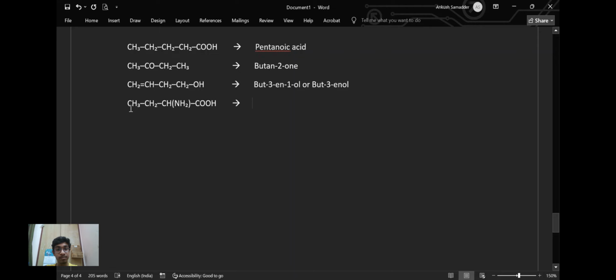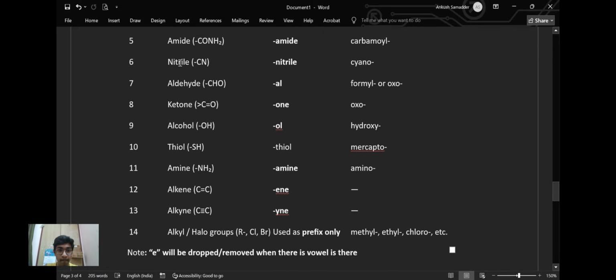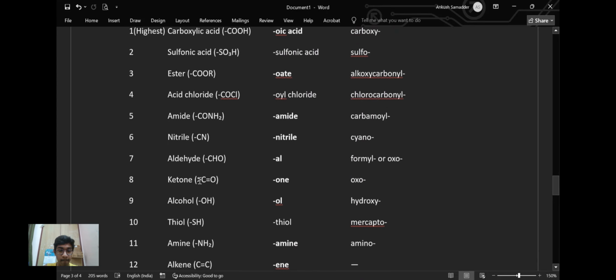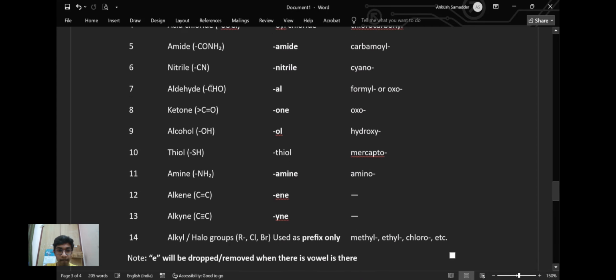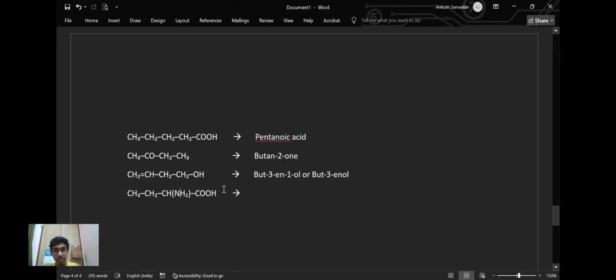Four carbons are there, and here two functional groups are there: this amino, this amine functional group, and the carboxylic acid is also there.